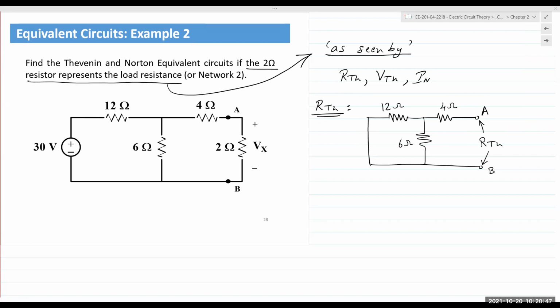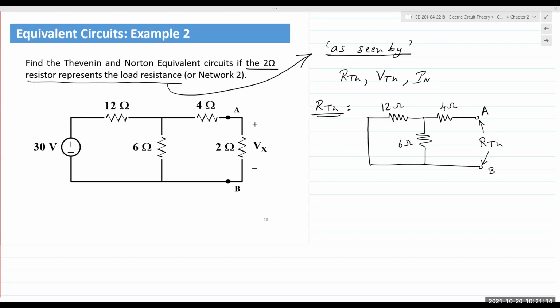So RTH, again, I start at the farthest end. If I want to find RTH looking into these terminals, A and B, I start at the farthest end and I start reducing it towards the terminals. So at the farthest end, what can we say about the relationship between 12 and 6? They're in parallel, right? They share 2 nodes each. It's connected at the top node, and it's also connected at the bottom node because of that short.